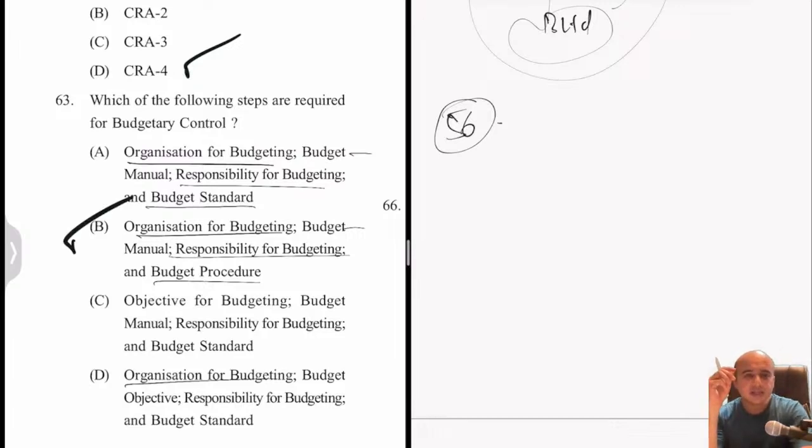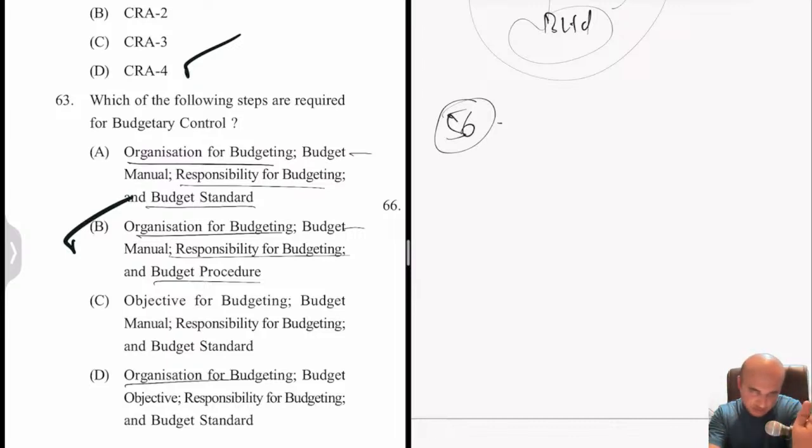For any budgetary control, the following steps are usually required. One is organization for budgeting. This usually involves establishing a framework within which the budgeting process starts. It includes designating individuals or departments responsible for budgeting and setting up a structure to coordinate the budgeting activity.